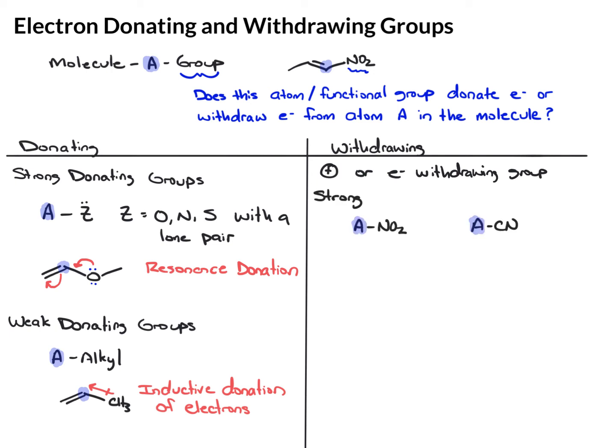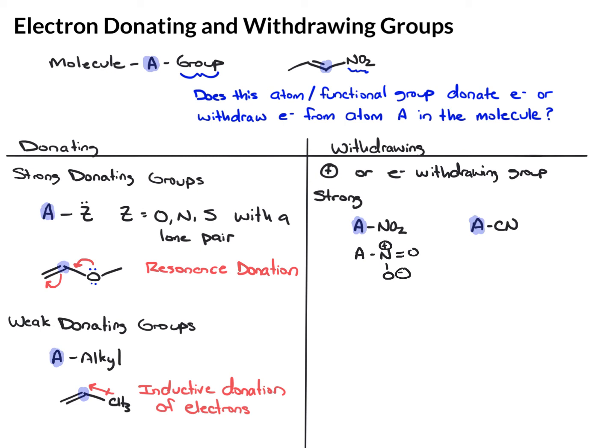Two of the strongest withdrawing groups are the Nitro Group and the Cyano Group. And this is perhaps easier to see if we were to draw out the full group. So let's take atom A. The Nitro Group has a nitrogen double bonded to one oxygen, single bonded to a second oxygen, and a positive charge on the nitrogen.